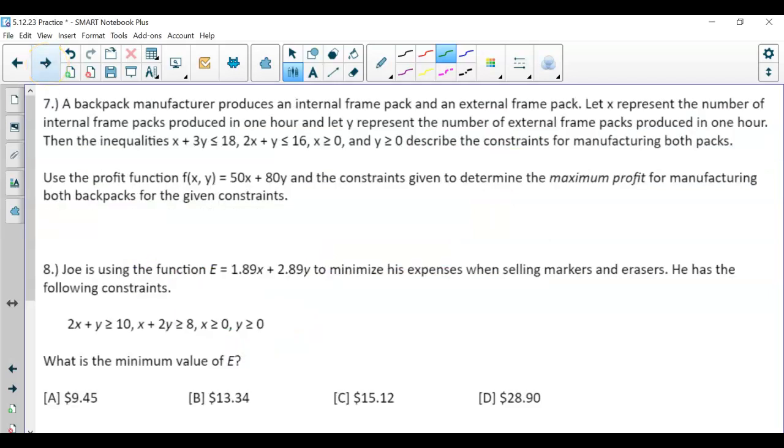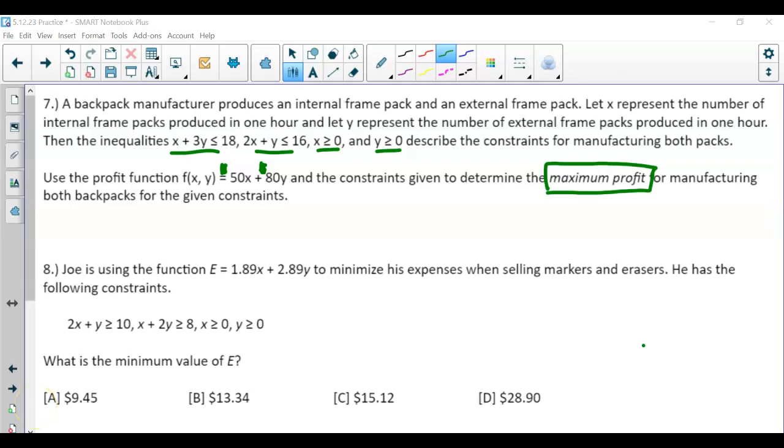So now in number 7, it's giving you the constraints. So again, you need to practice graphing these in Desmos. Then it gives you the profit. Now, mind you, this is $50 and $80. So we are again looking for the maximum profit. So after graphing those constraints, you need to see what are the vertices, the corners of that solution region.